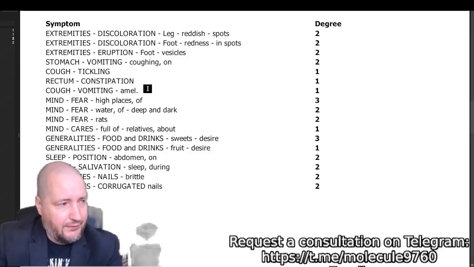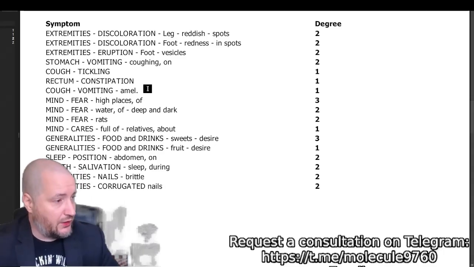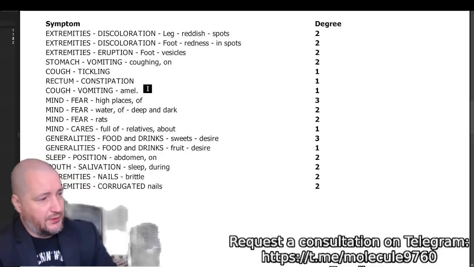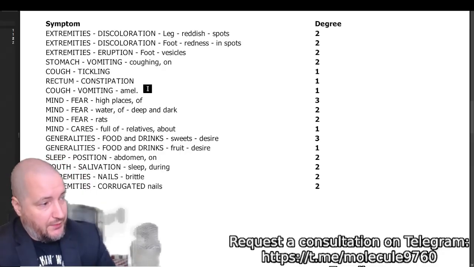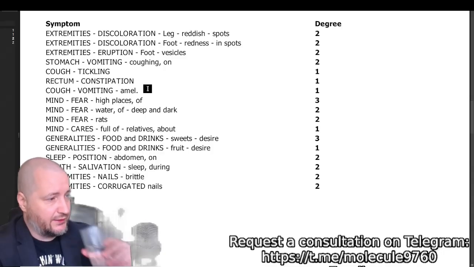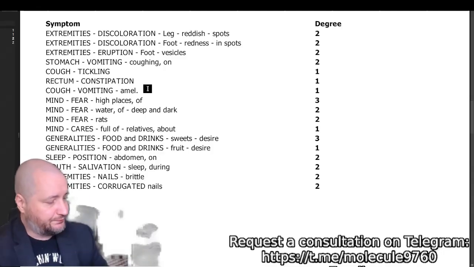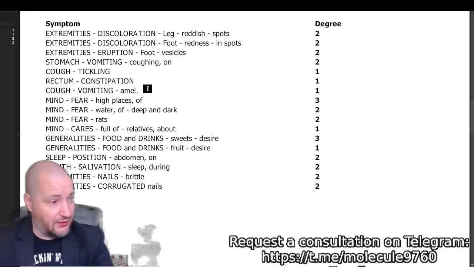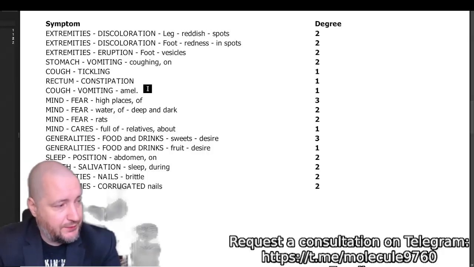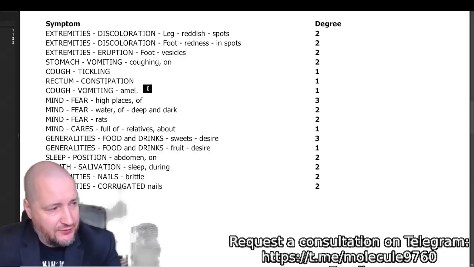Now, how do you prescribe for a patient like this? What are the principles of homeopathy that you need to keep in mind when you're looking at a patient like this? Well, there are many principles of homeopathy. I'm going to make a simplified, dumbed down version of homeopathic analysis here.